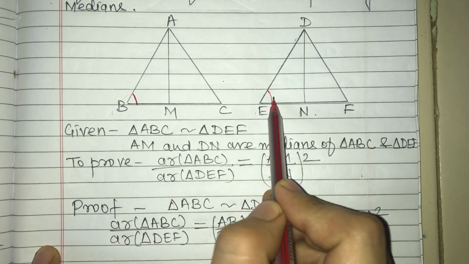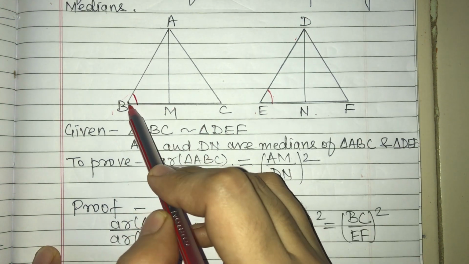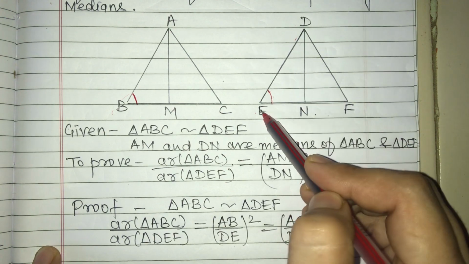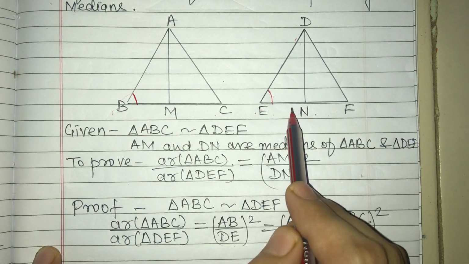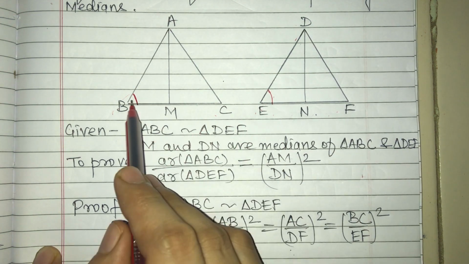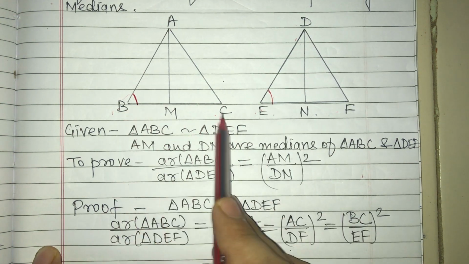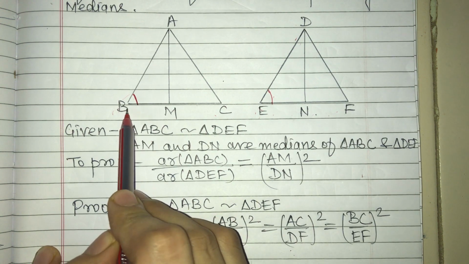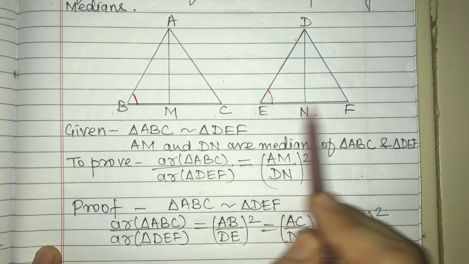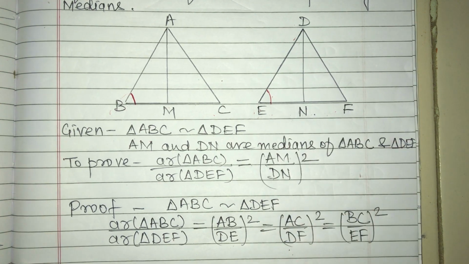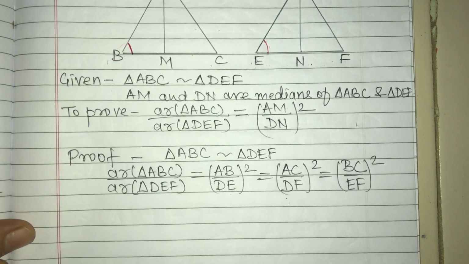Also we have AB upon DE equal to BC upon EF, because these two triangles are similar. And we also know that BC is twice of BM and EF is twice of EN. So we are going to use that condition.